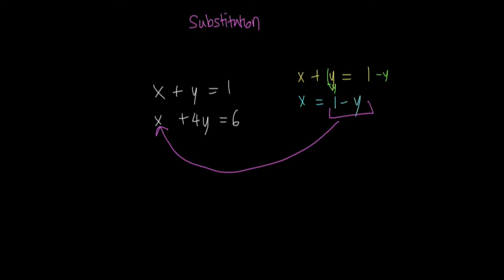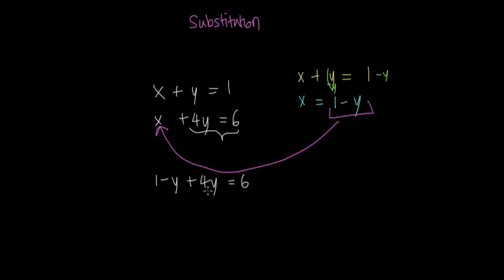And if I do that, I get 1 minus y plus 4y equals 6. This part of the equation stays the same. So what is actually happening is by doing this, I'm getting the same variables in the equation. And if I have just one variable in the equation, then it's quite easy for me to solve for that.